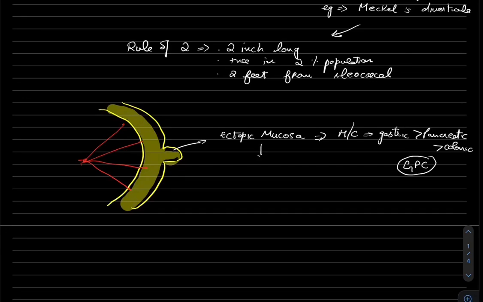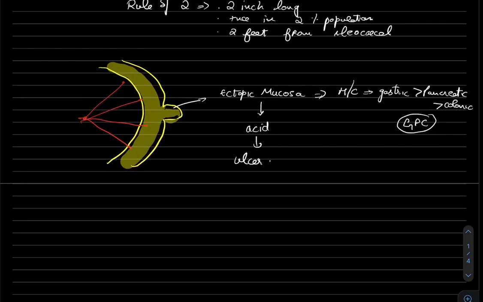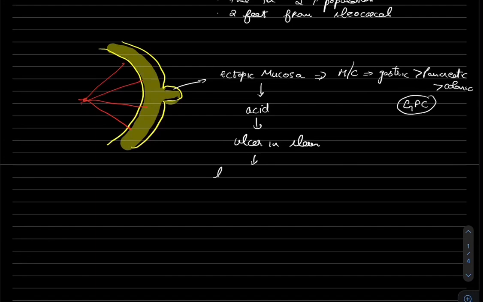It is gastric, so there will be acid production. There will be an ulcer in the ileum, due to which there will be lower GI bleeding.